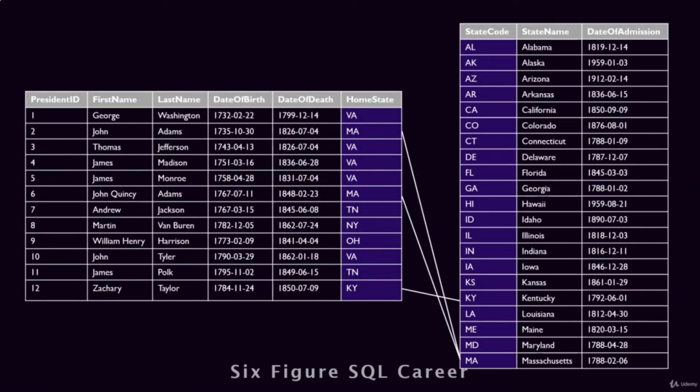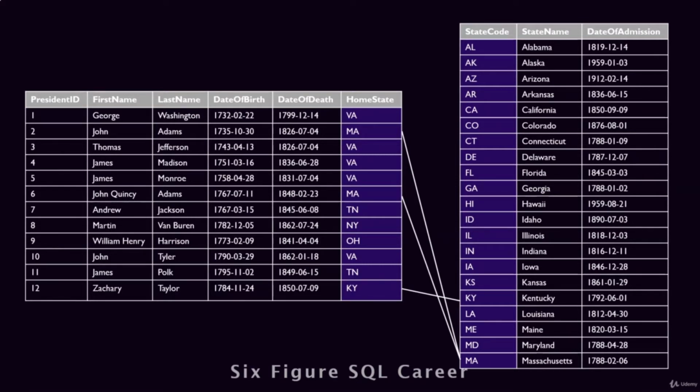So if I go back to my relational example before, as you saw, I have a home state in my president's table, which is the 2-digit code that I can use to join to the state code in my states table. So home state really is a foreign key of the state code, because this means that you can have a correct join.